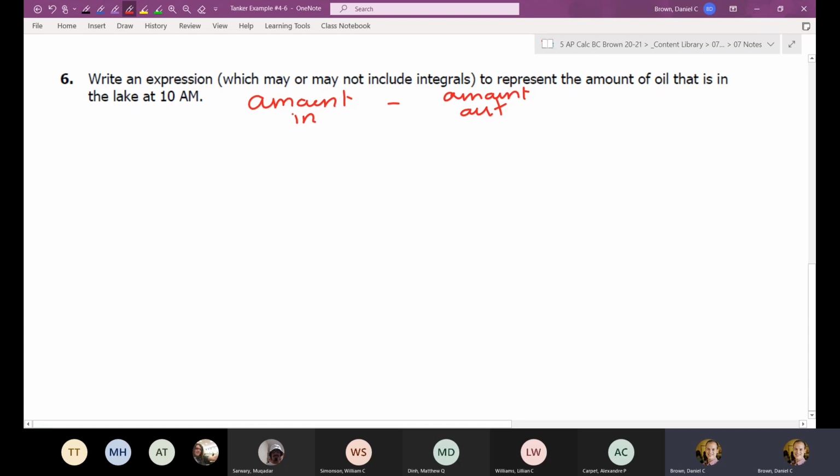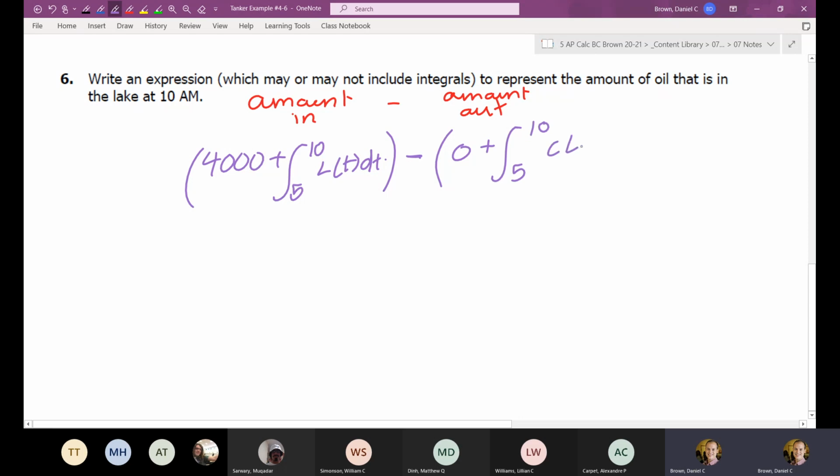So we're basically combining our answers from 4 and 5. The amount in we had was 4,000 plus the integral from 5 to 10 of L of t dt. The amount out, 0 plus the integral from 5 to 10 of C of t dt.